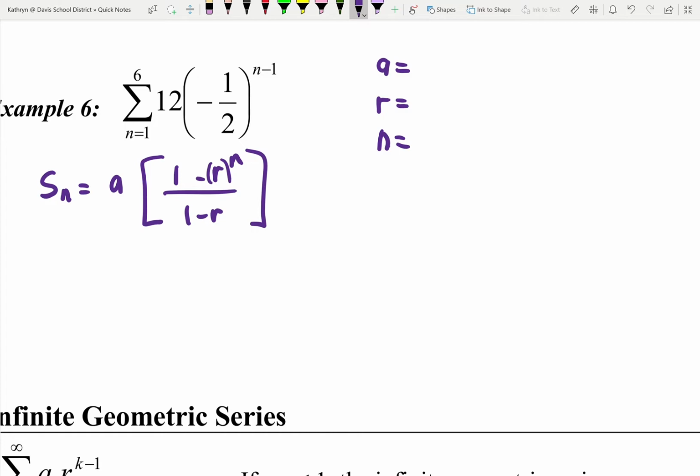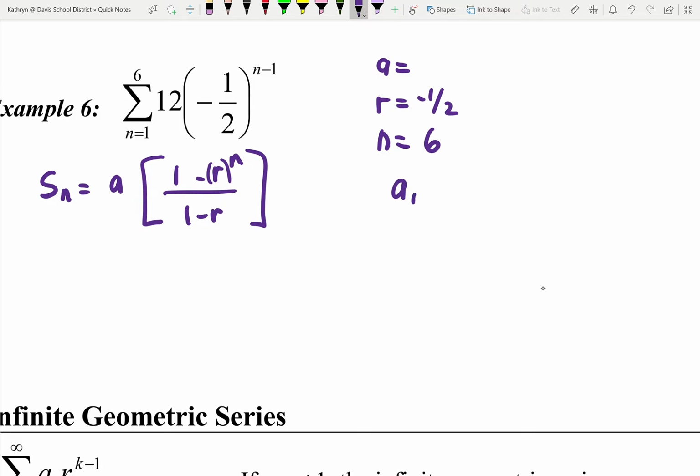You guys, do you see how you've got that parenthesis and then it's raised to some kind of an N? That's your ratio. So I'm just telling you right now your ratio is -1/2. Okay? The number of terms that I'm adding together, we know that. That's a 6. So the only thing that I don't know for my formula is the value of A, the first term. Well, I'm just going to put in a 1.